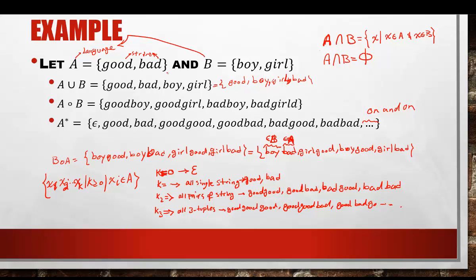But in certain cases, you may have languages that share strings. For example, the set of all strings that have a substring 0101 in them, intersected with the set of strings that have two zeros in them. As you can see, there is an intersection between these two languages. So intersection is an important operation.